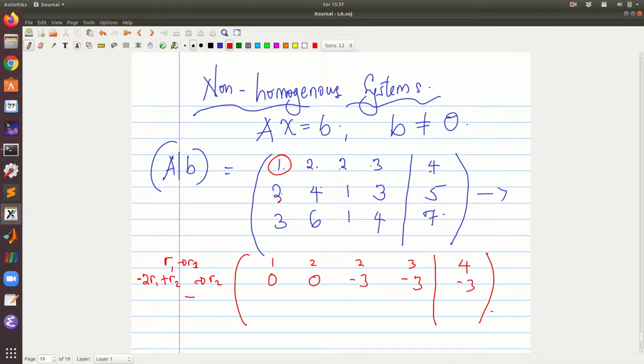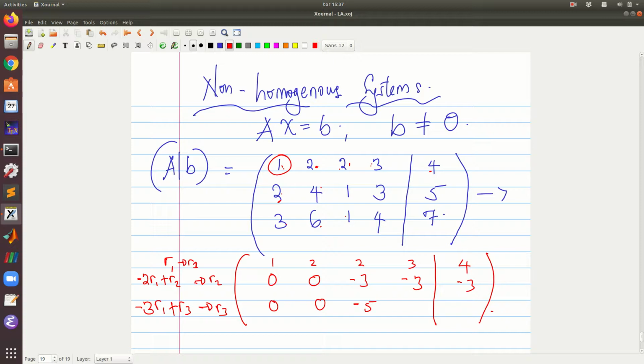What about row 3? We multiply row 1 by -3 and add it to row 3, and put the result in row 3. Multiply by -3 and add, we have 0. Multiply by -3 and add, we have 0. Multiply by -3, that is -6, and add 1, we have -5.